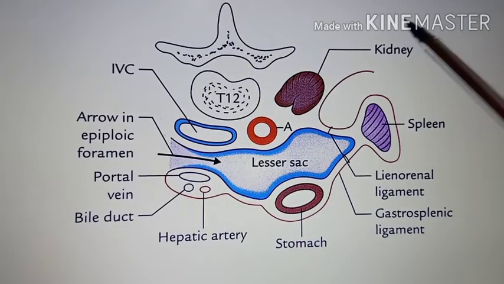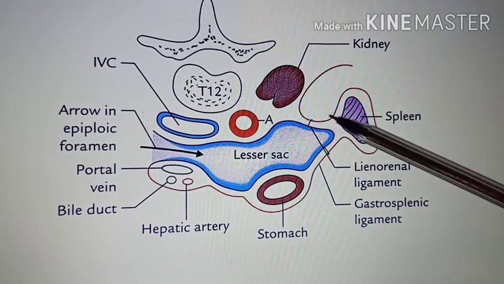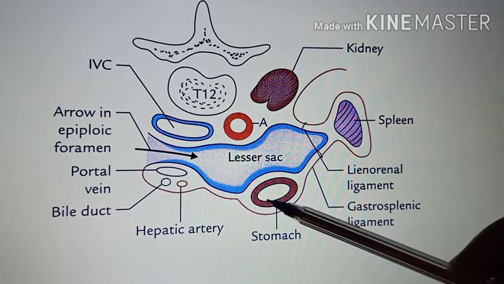Coming to the upper margin, you are having the reflection of the peritoneum from the diaphragm up to the upper end of the caudate lobe of the liver. The lower margin corresponds to the lower margin of the greater omentum. In this picture, in this transverse section, you can see the kidney, spleen, stomach.